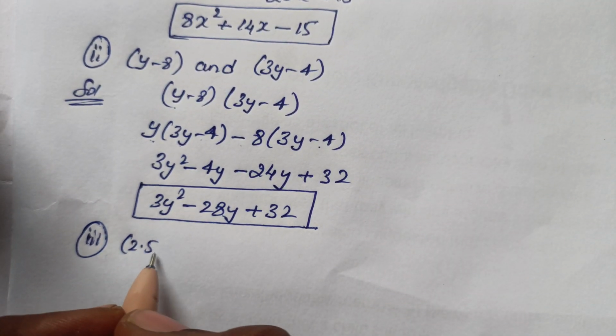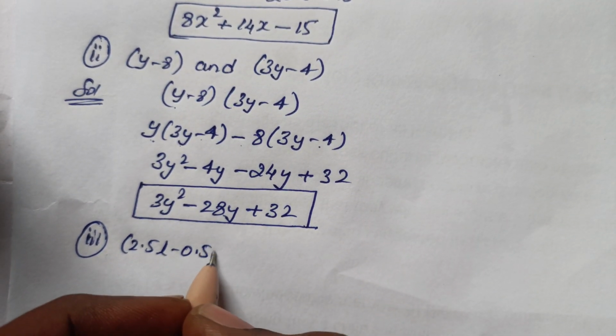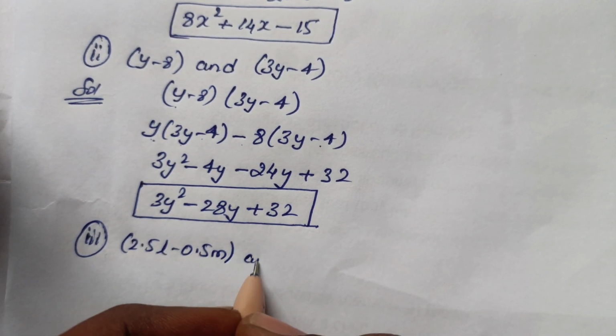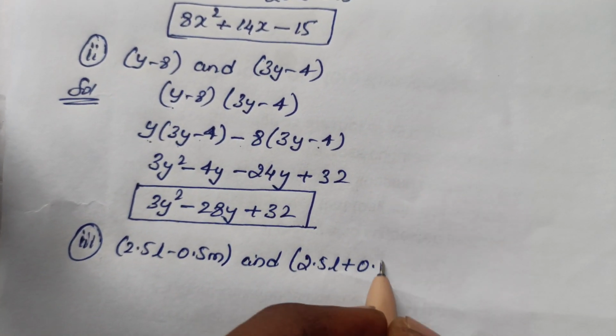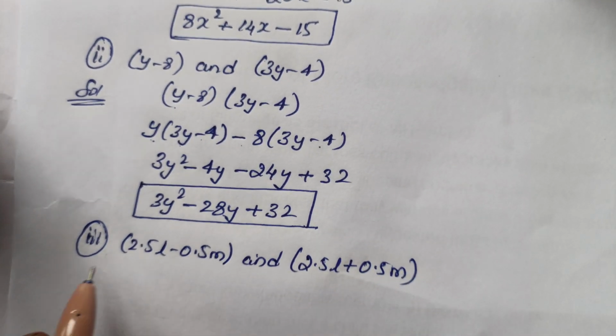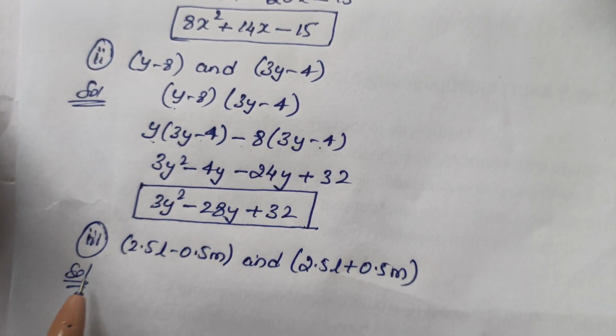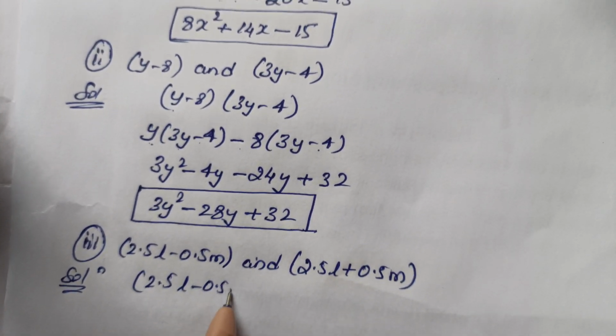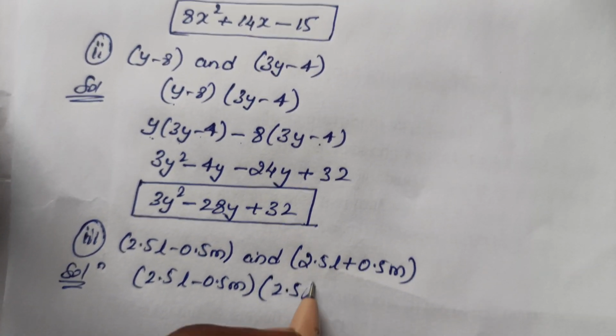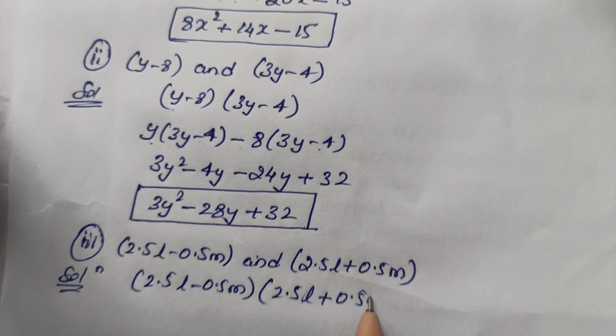The question given is (2.5 l minus 0.5 m) and (2.5 l plus 0.5 m). So solution, (2.5 l minus 0.5 m) into (2.5 l plus 0.5 m).